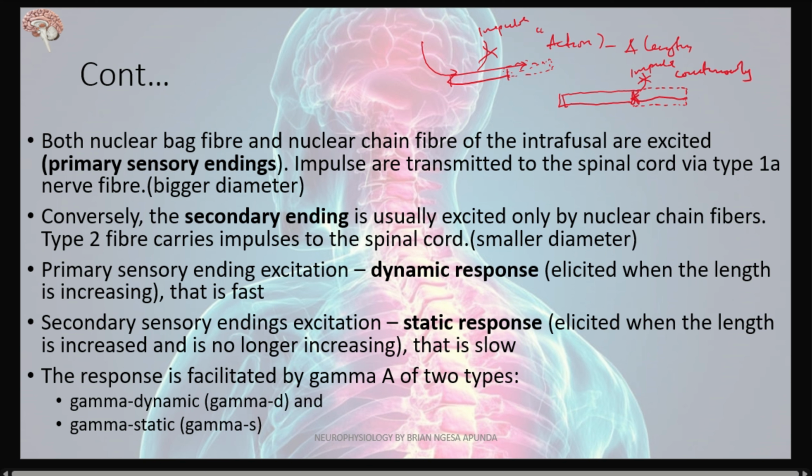Why is this important? So these are very important in many reflexes. Remember the stretch reflexes that we suggested. They were very important because the stretch reflex is likely to prevent the muscle from damage. This is the sense.